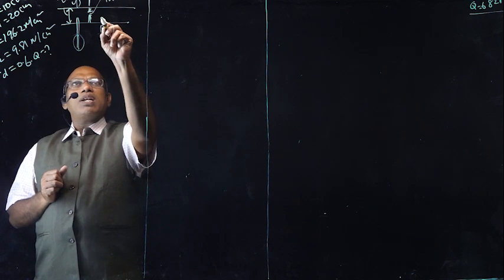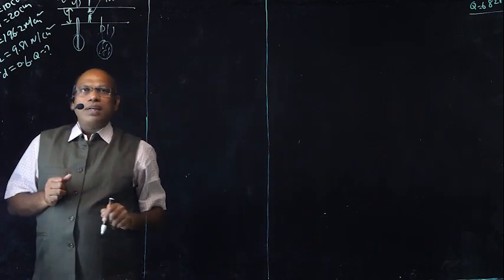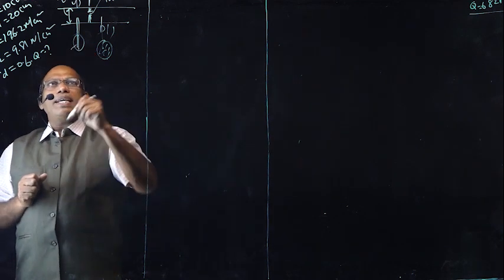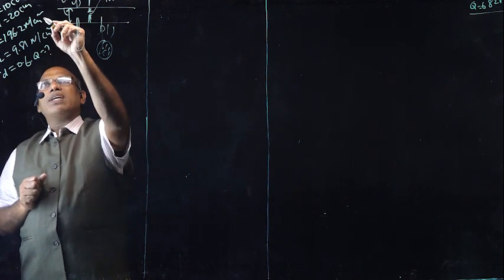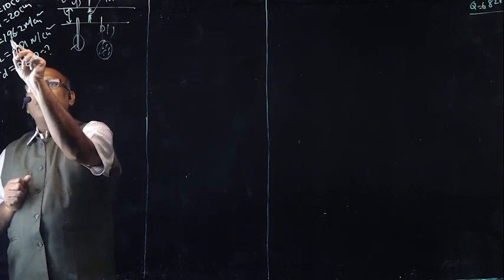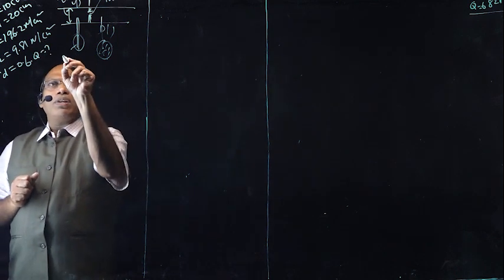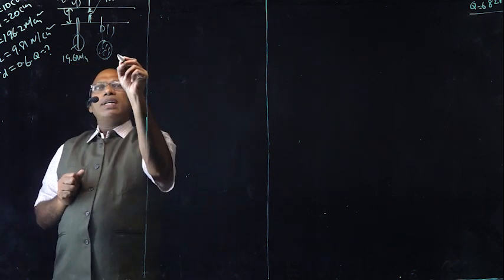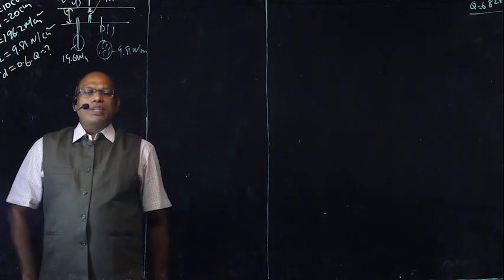The upstream dial gauge shows P1 equal to 19.62 Newton per cm square, and the downstream gauge shows 9.81 Newton per cm square.